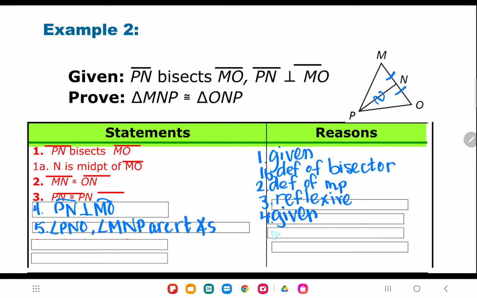And that's my definition of perpendicular. And since they are both right angles, they must both be congruent to each other. So that tells me PNO is congruent to MNP. That's my right angles congruence theorem.